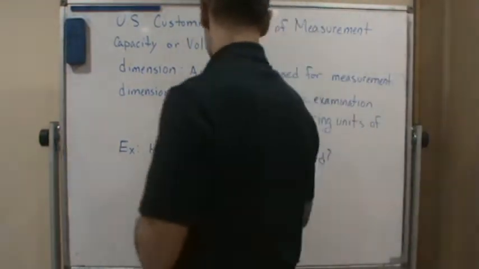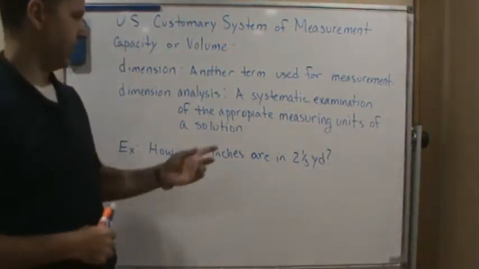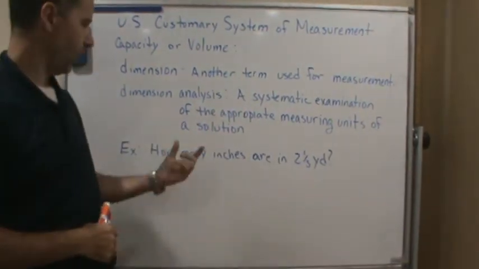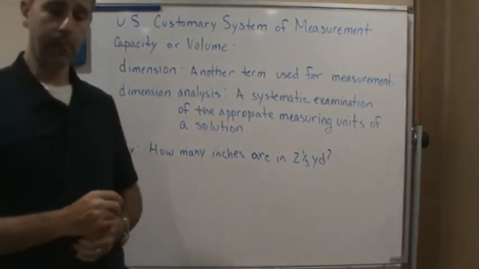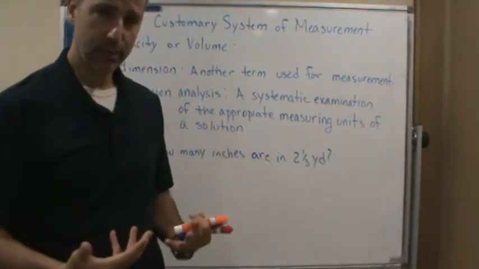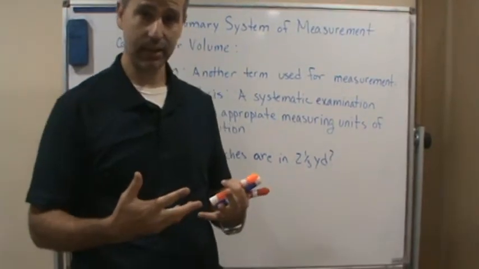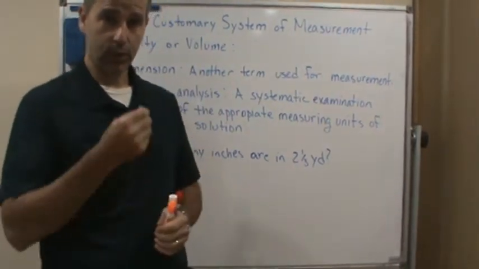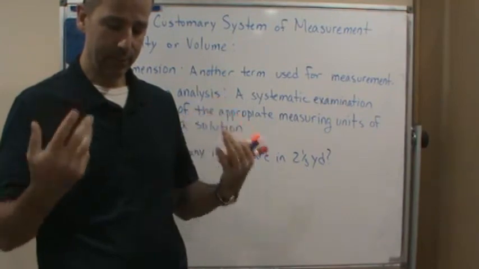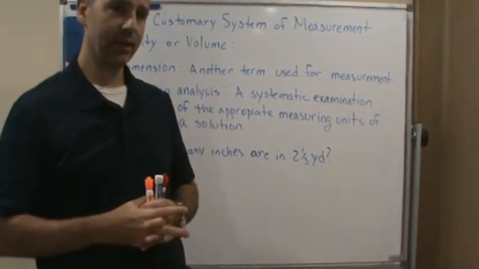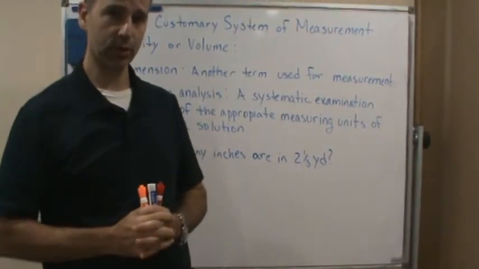Dimension analysis is, by definition, a systematic examination of the appropriate measuring units of a solution. In other words, does my answer make sense in the fact that I'm getting the units that I would expect to get in this problem? So if I'm solving for amount of time, am I getting the dimension of time as my solution?